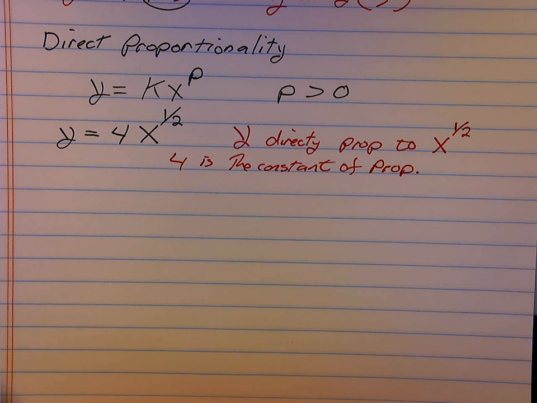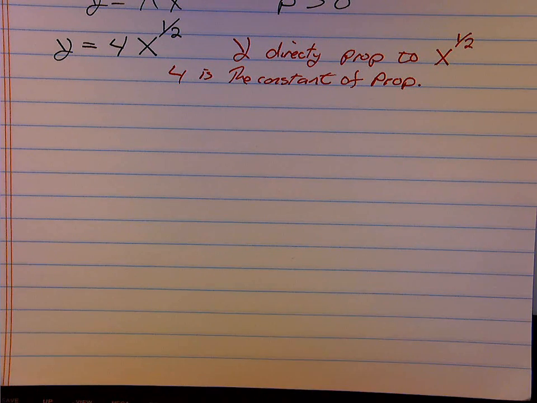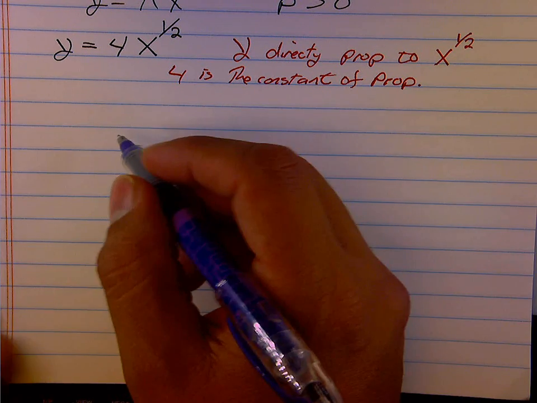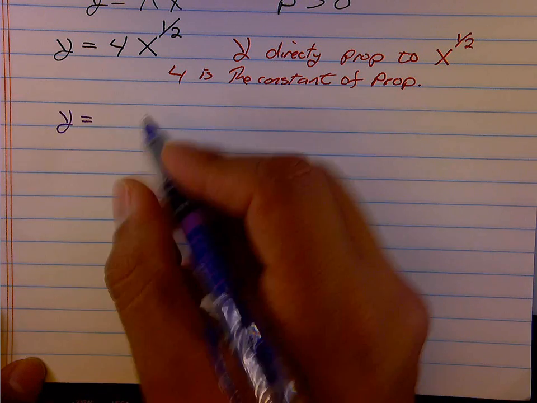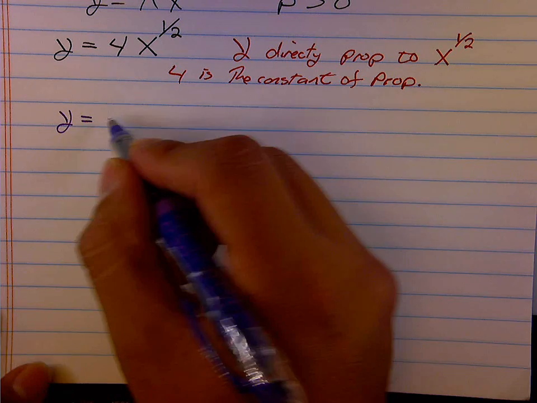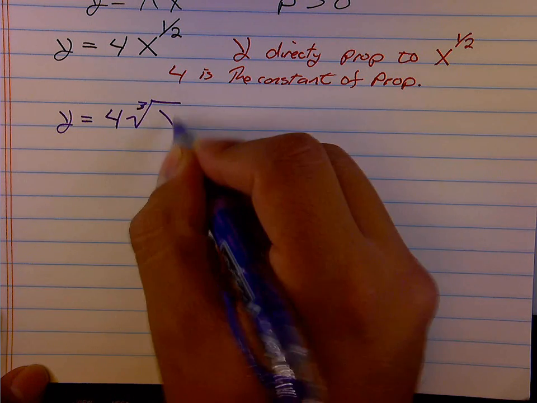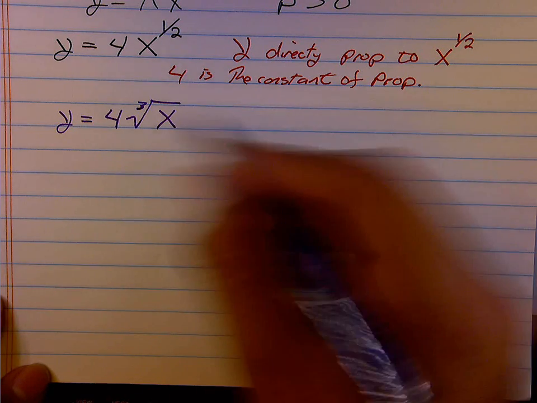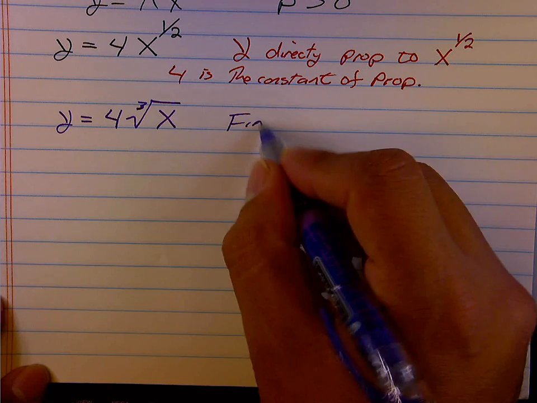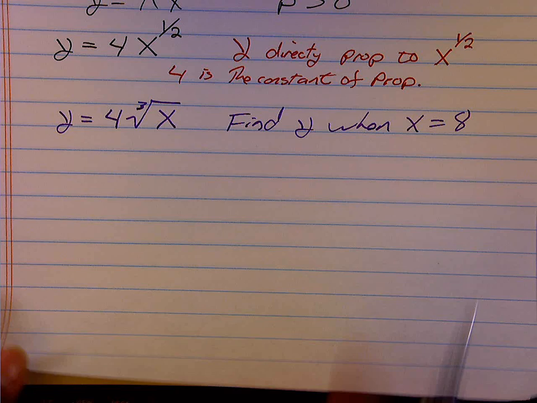Now, using direct proportionality formulas, we're just going to use a formula to find y when x is 8.